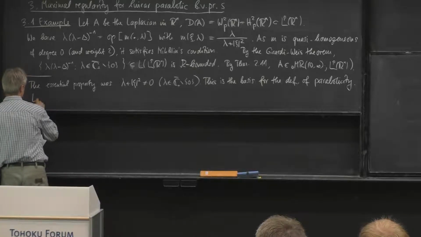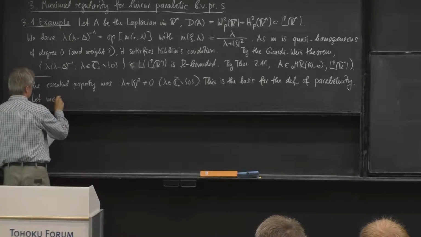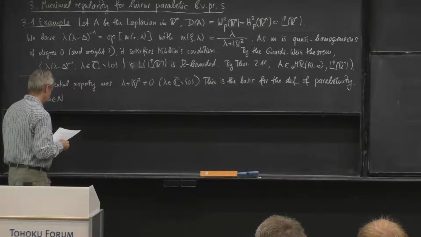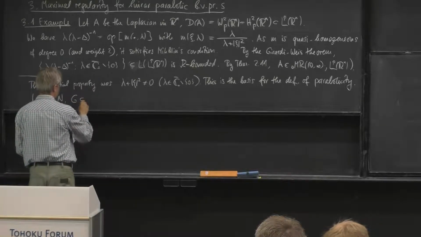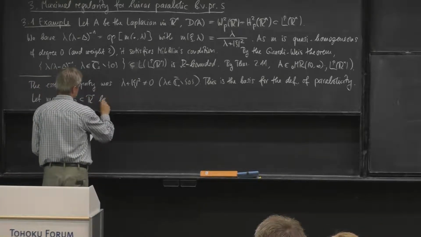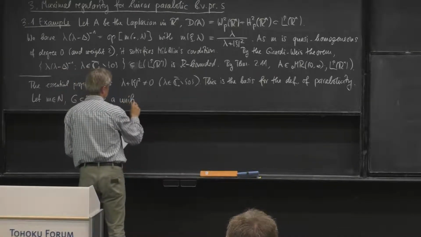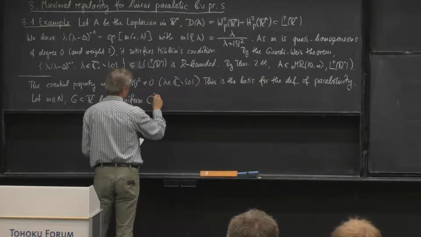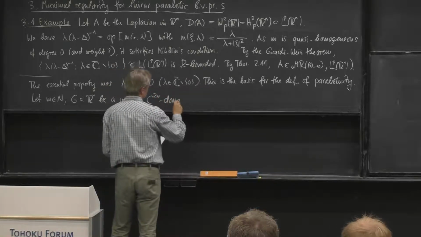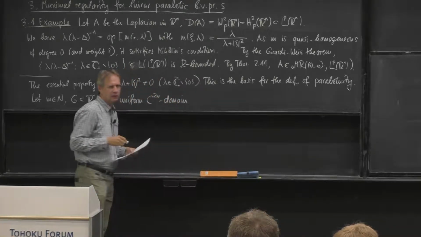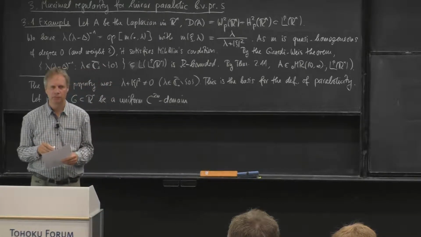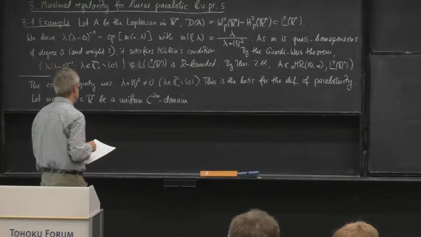Okay, but for this I fix the situation. So let M be a natural number starting from 1. Let G subset of Rn be a uniform C2M domain, for instance, a bounded C2M domain. It may also be unbounded, it may also be exterior.